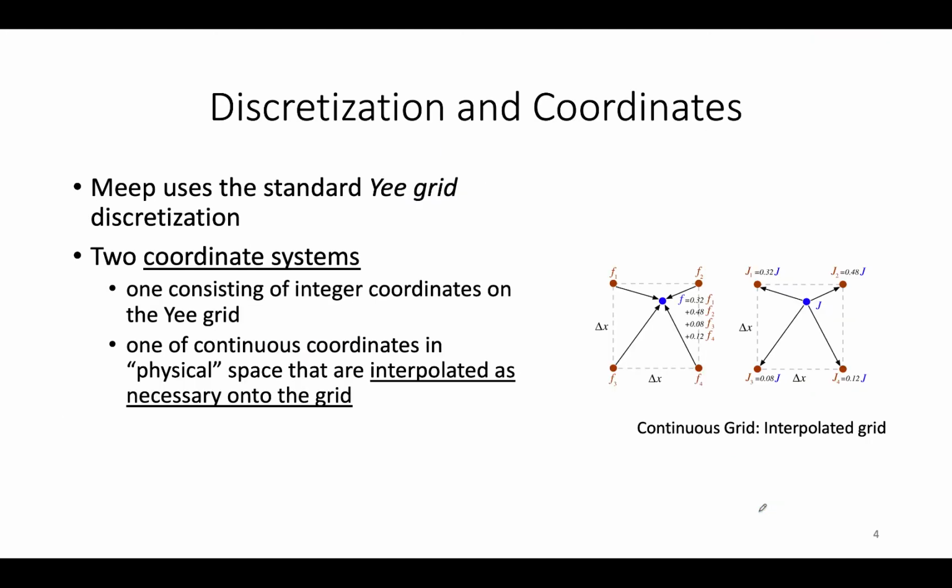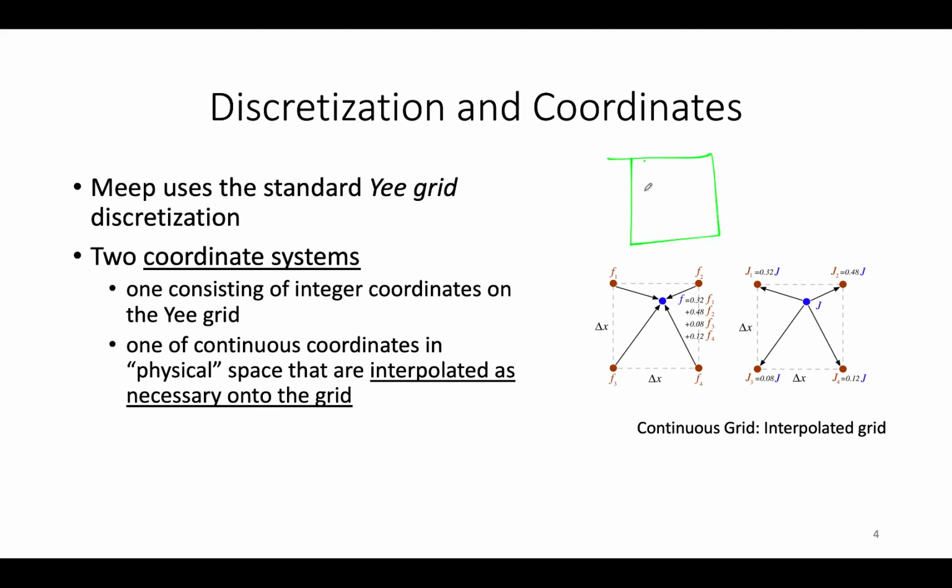Let's look at Meep's discretization, so how we discretize the simulation domain. Meep uses the standard Yee grid discretization that we saw in the previous lecture, using the staggered grid. Meep includes two coordinate systems. So the standard Yee grid, right?